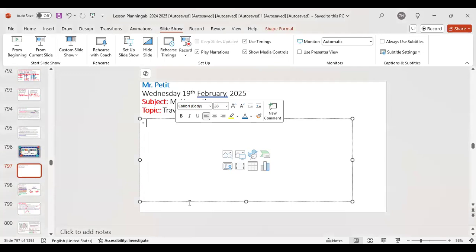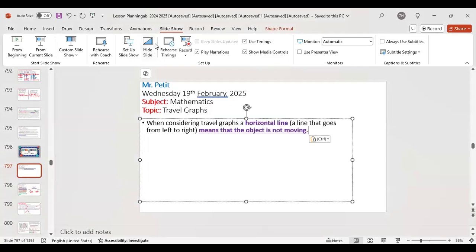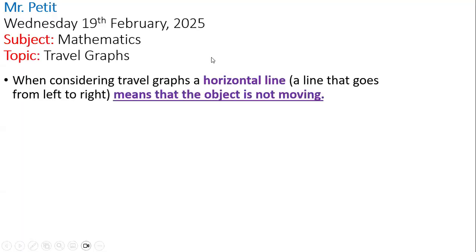First, let's talk about what it means when we have certain things on a travel graph. When you see a travel graph and you have a horizontal line, horizontal means it's going from left to right.